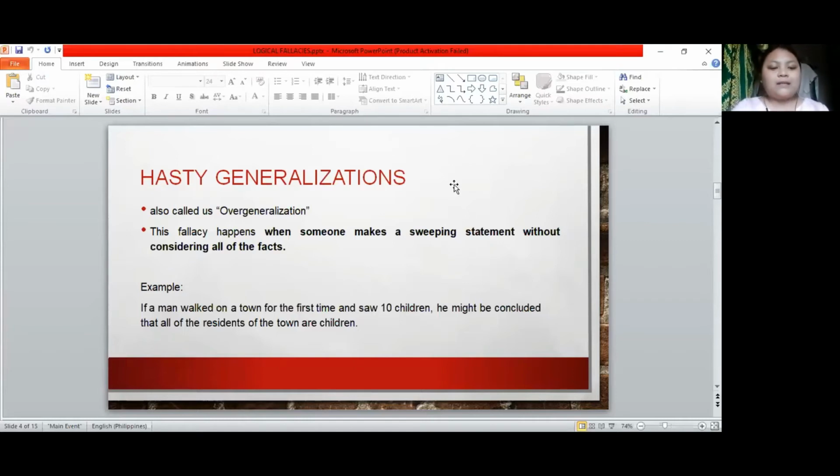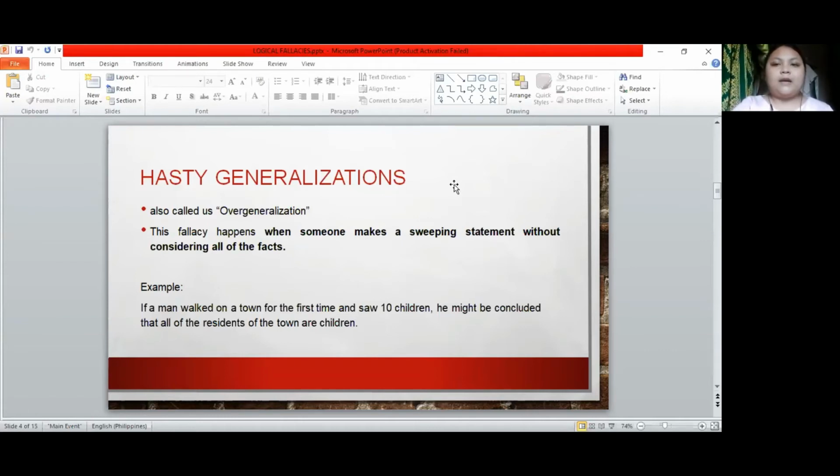So this fallacy fails to explore all possible data surrounding the argument. The person is attempting to conclude with only limited knowledge. So most of the time, people are jumping to conclusions without further searching for some data or thinking critically about the argument. All right.